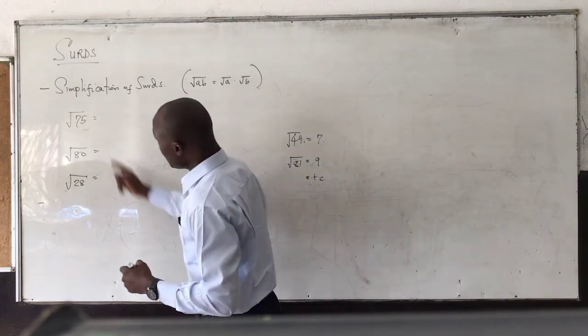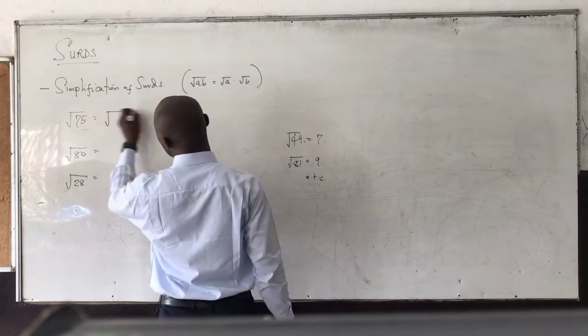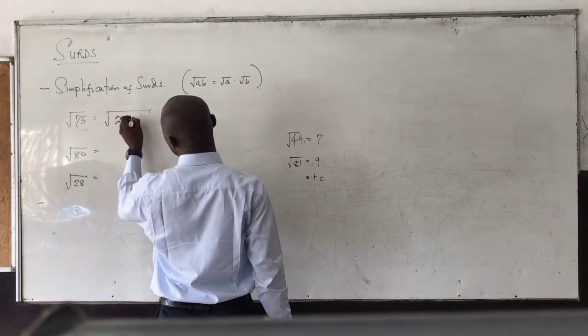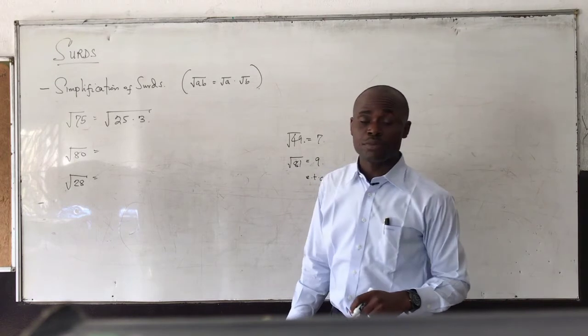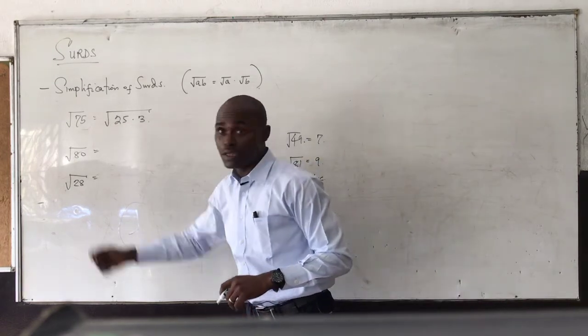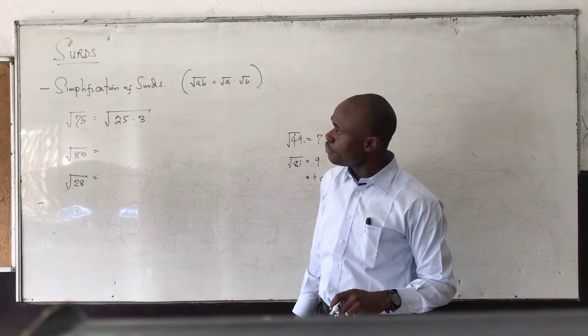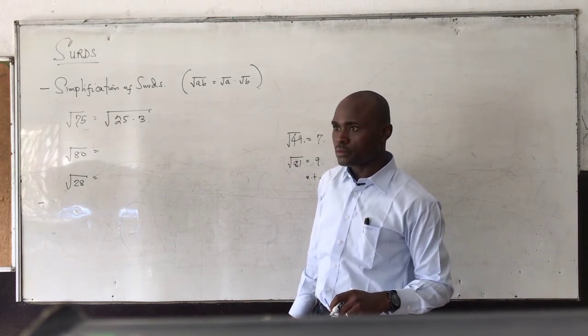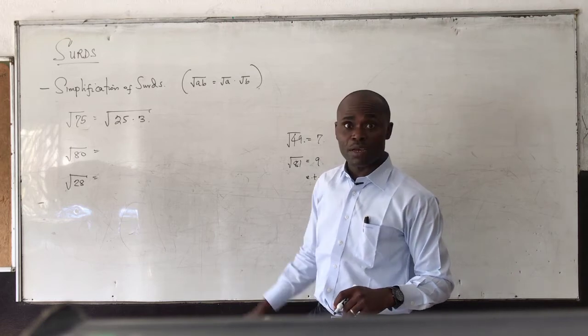Now I'm going to write that as square root of 25 times 3. 25 times 3 actually gives us that. I'm not going to write that as 15 times 5 because I'm not going to be able to have a perfect square.